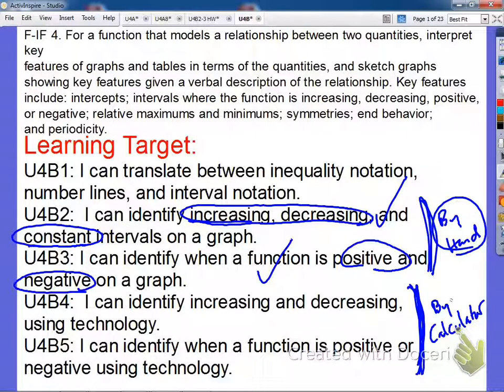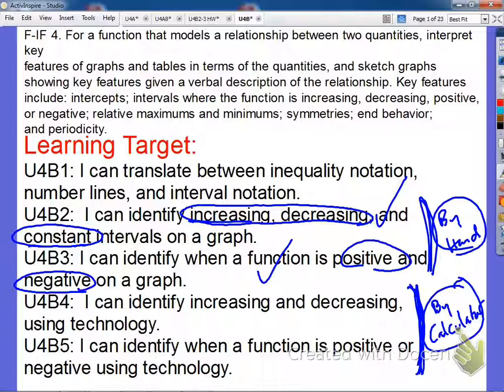Okay, so we've done this, and so by calculator, how is it any different? It's not really. You'll have to be able to find your maximums and minimum points or x-intercepts or whatever, but you have to find those points on the graph by the calculator and then use them to do exactly what we just did here.